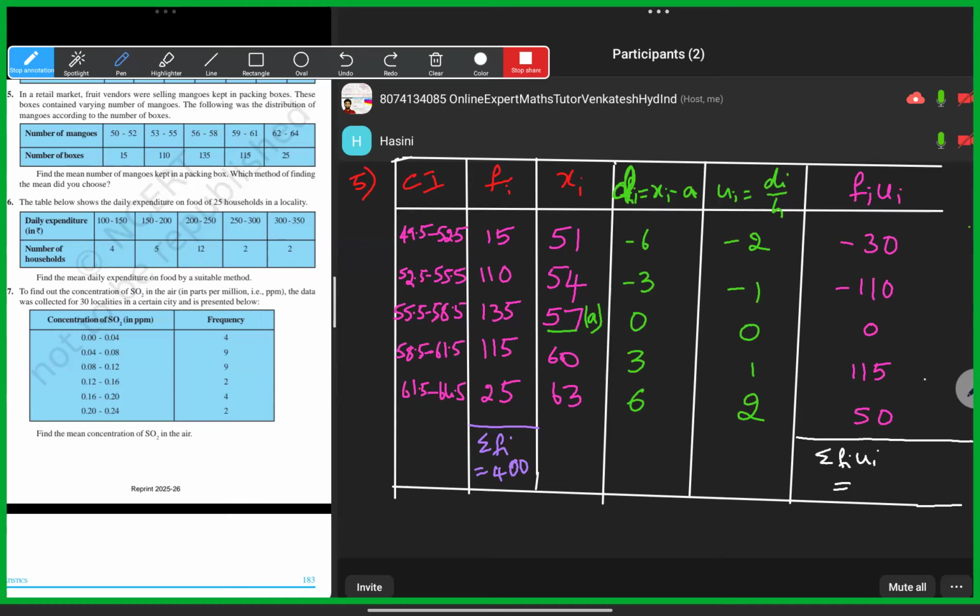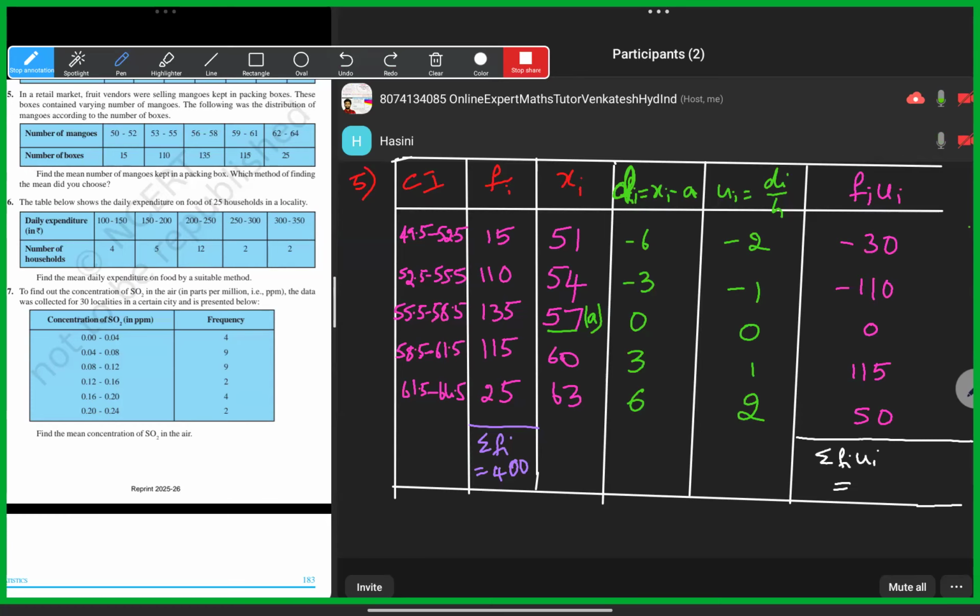So 115 plus 50 is how much, Hasni? 165. And 165 minus 110 minus 30 is minus 140.